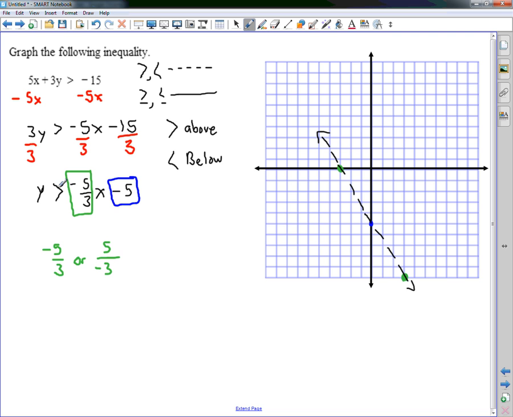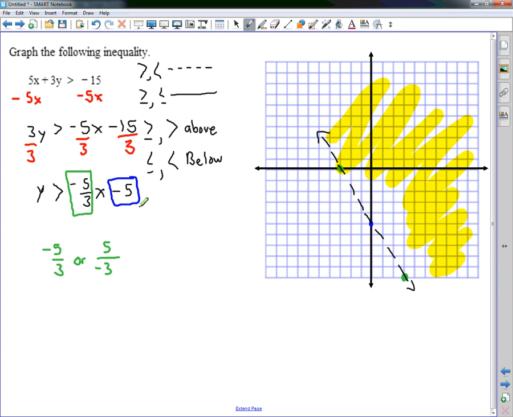And then the greater than tells me above, and this could also be a greater or equal to, and this one could be a less than or equal to. Okay, those will mean the same thing. So above my line, notice to the right is above. This would be going below my line. So I'm going to shade above my line. And this is the graph of our inequality.